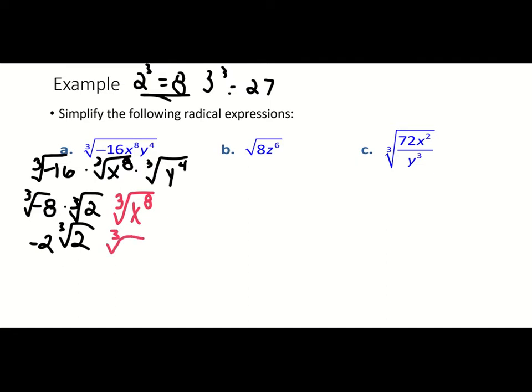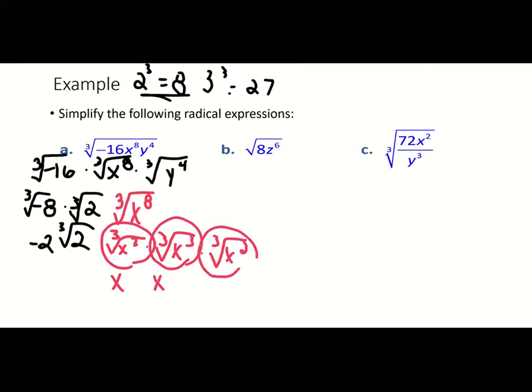So I can do the cubed root of x to the third times the cubed root of x to the third times the cubed root of x to the second. So the cubed root of x to the third would simplify to an x. This would simplify to an x, the second one. And then this one we can't do anything with.